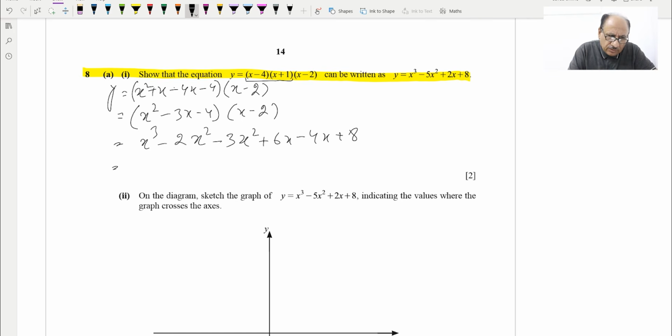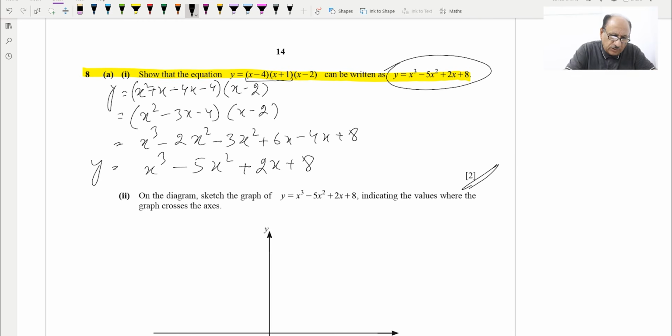Now adding the like terms, x cube as it is, y is equal to x cube, and minus 2 and minus 3 will be minus 5x square, and plus 6x minus 4x will be plus 2x and plus 8, and this is what we need to prove, and this is 2 marks.